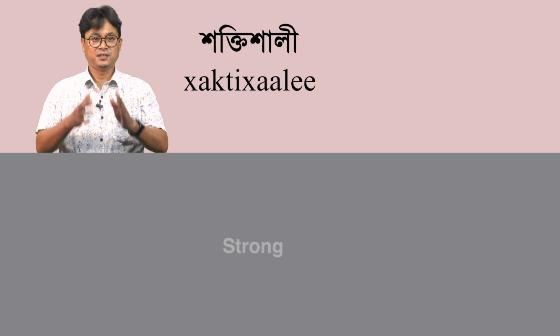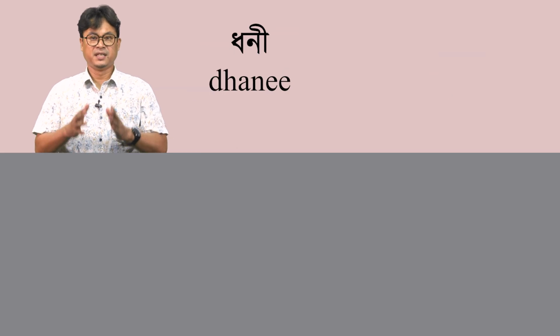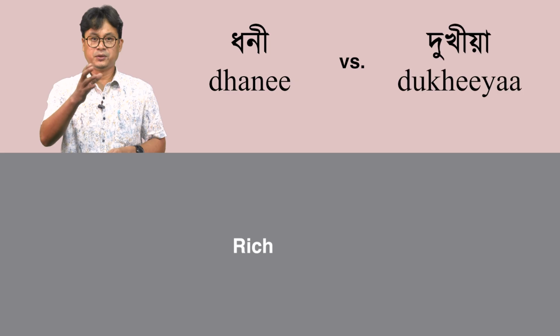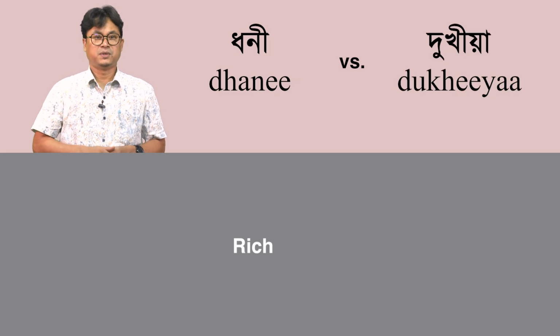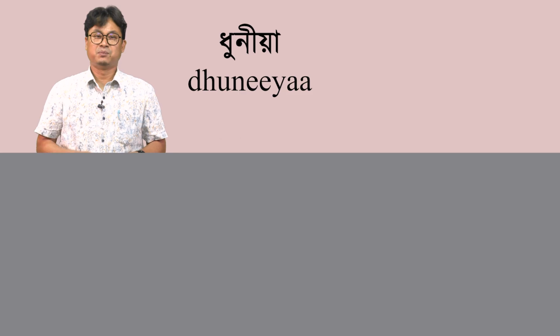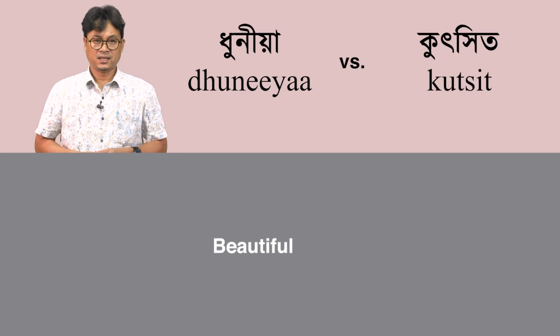Similarly, hoktihali means strong versus durbol. Durbol means weak. Dhoni means rich versus dukhiya. Dukhiya means poor. Dhuniya means beautiful versus kutsit.